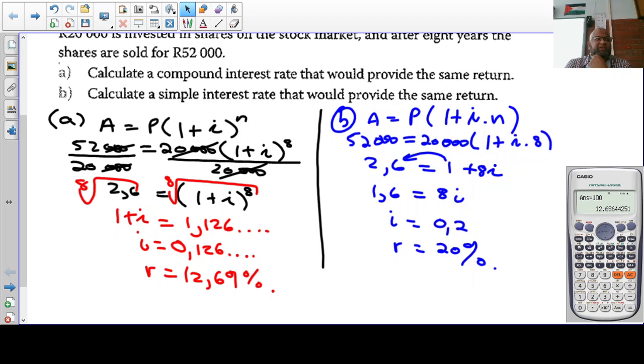You did financial maths last year. Then you got the scenario where you buy a washing machine and you must calculate your monthly installments. Not so? That is your simple interest calculation. Now when you buy a house or a car, they do it on what you call the reducing balance method, or on compound interest. Okay?